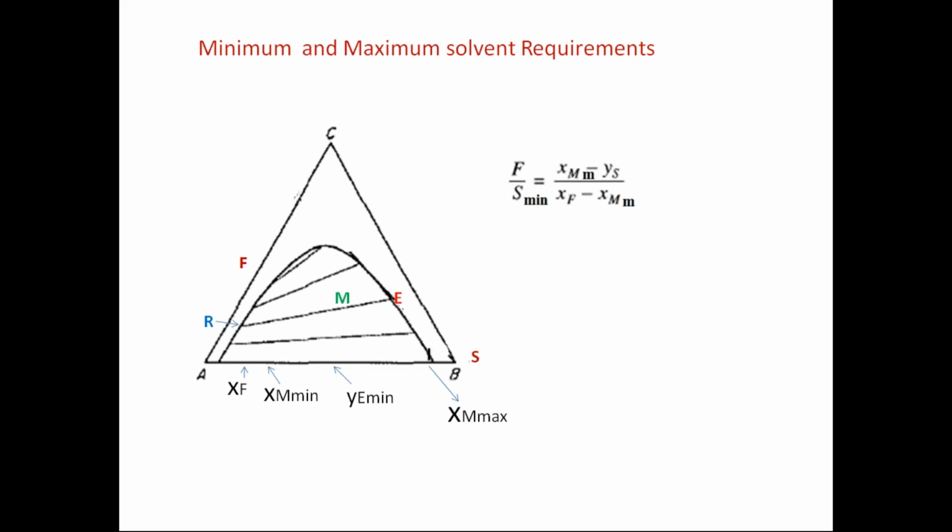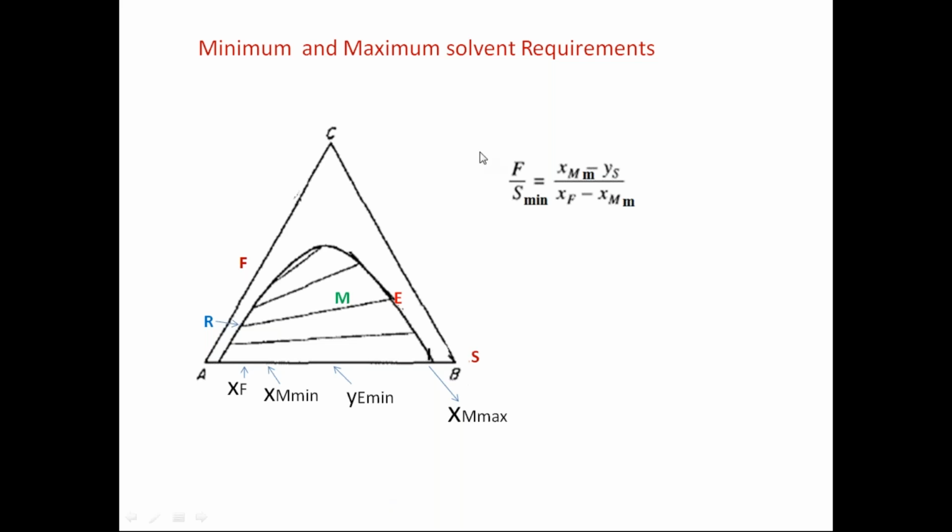If you add less than the minimum, then there will again be a homogeneous phase, and more than the maximum solvent requirement also gives the homogeneous phase. In between the minimum and maximum solvent are the limits of the quantity of solvent which can be used in the operation. So let us see that.